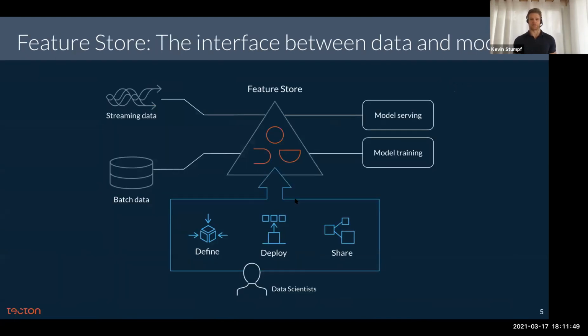So let's double click on what this feature store thing is. It's really the interface between the data and the models. It's the system that connects to your batch data sources like your data warehouse or your data lake, and to your streaming systems like your Kafka topics in your organization, your Kinesis streams, that type of stuff.